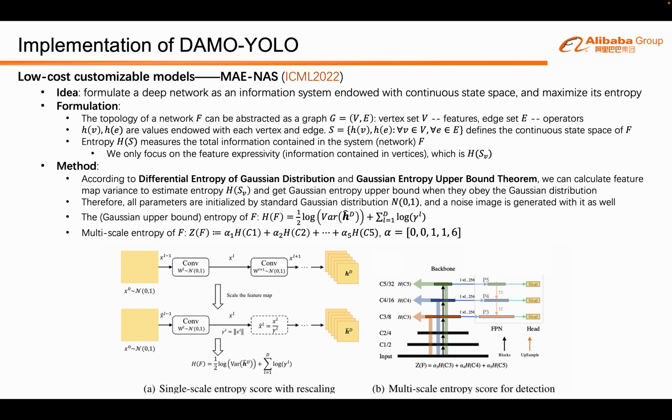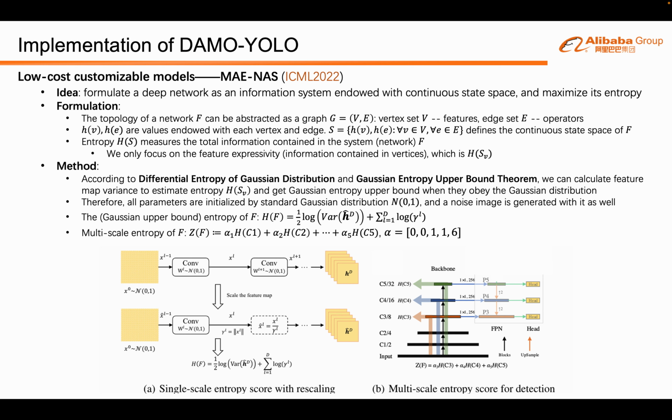So the set S defines the continuous state space of network F. Moreover, the entropy of set S measures the total information contained in this network or system F, among which the entropy of vertices measures the expressivity of the network, and the entropy of edges measures the complexity of the network.